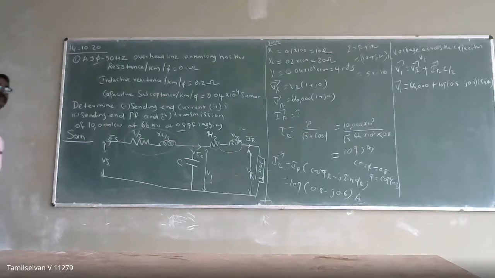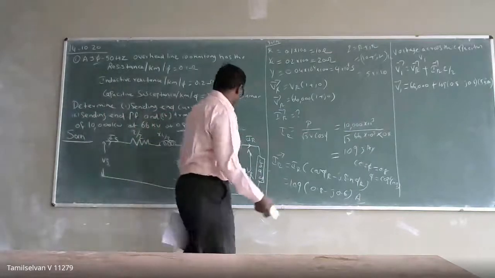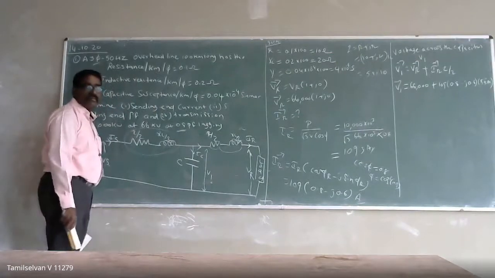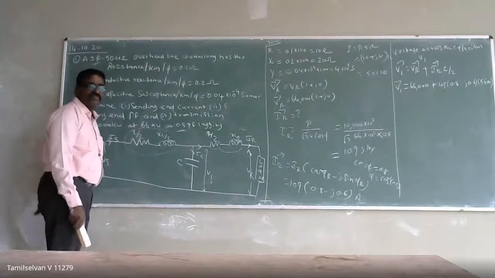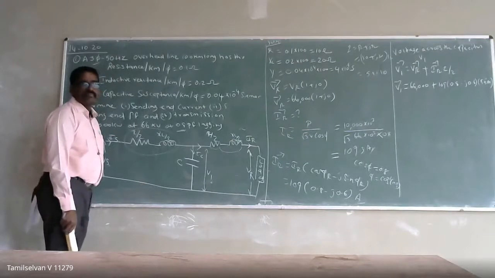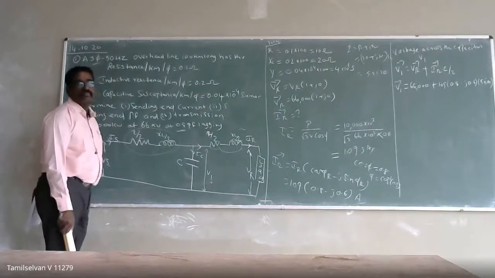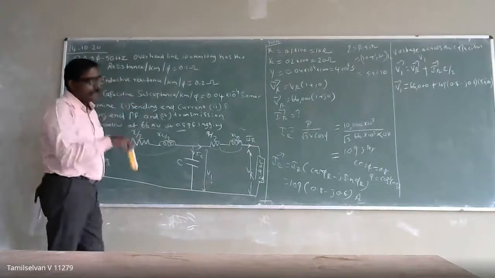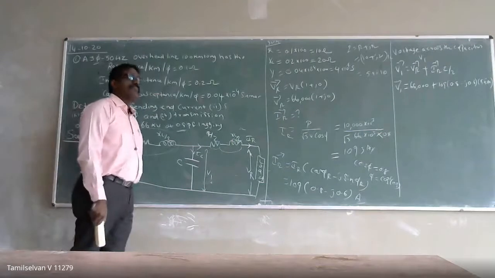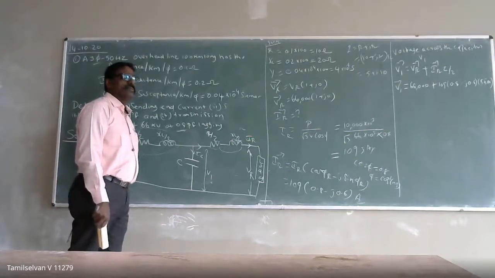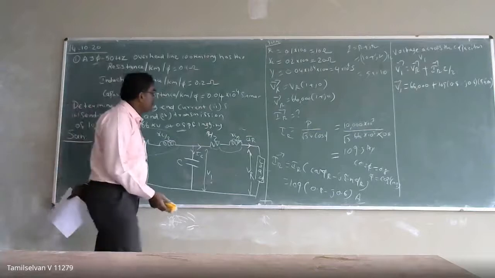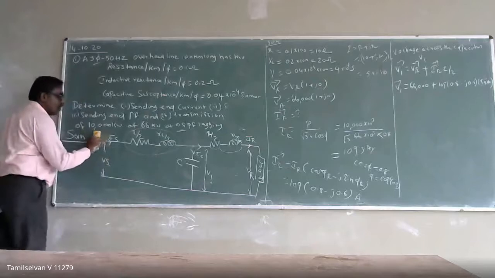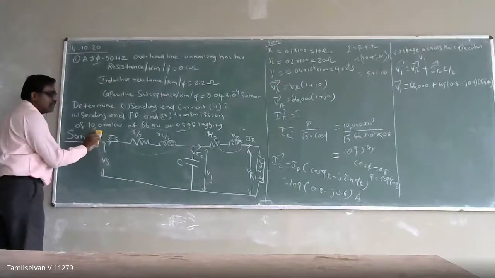Students, listen here. I told you the type of equivalent circuit. Here I have used the word balanced load of 10,000 kilowatts.